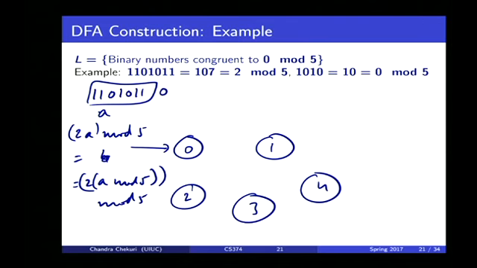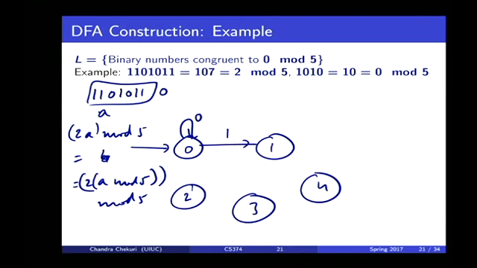If A mod 5 is 0, what is 2A mod 5? 0. So I stay where I am, right? What about if I see a 1? It is 2A plus 1 mod 5, right? So where do I go? 1, right? Good.